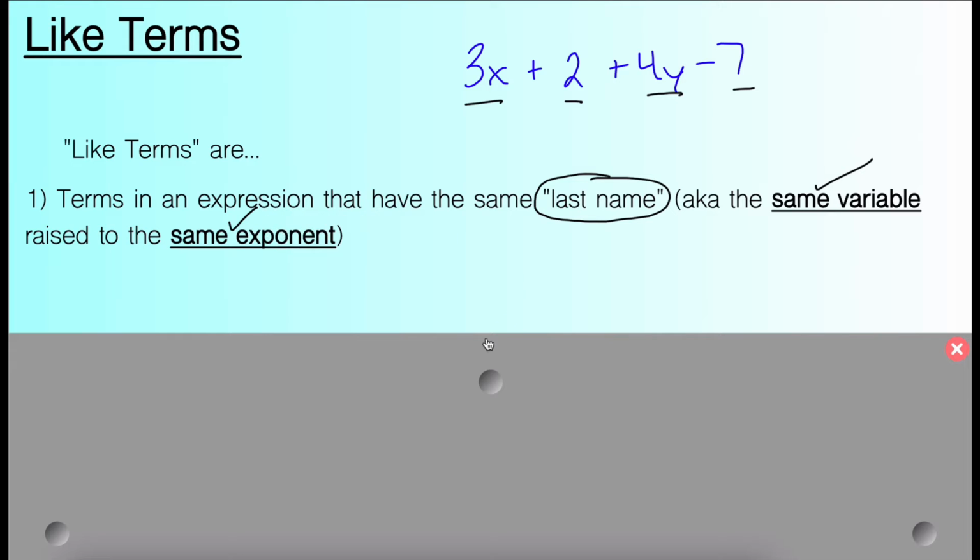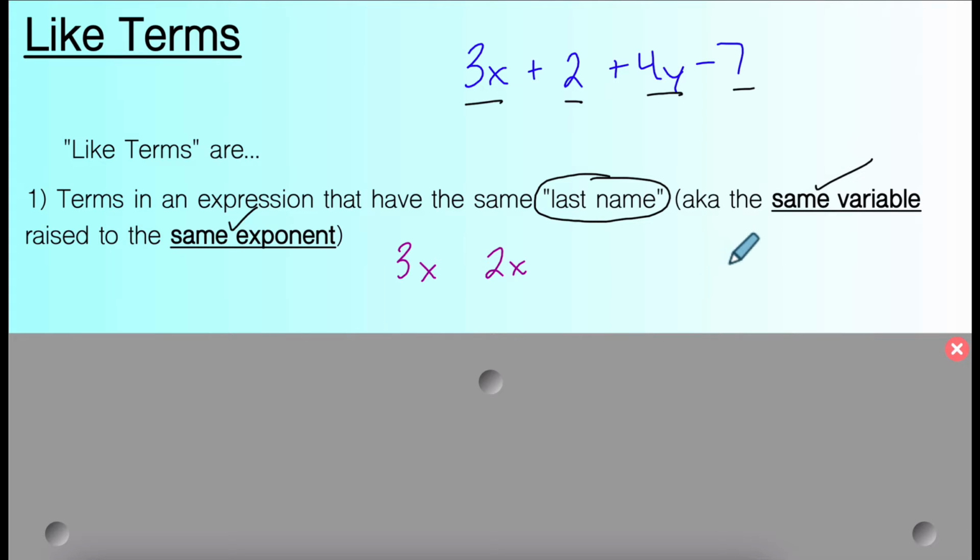So let me give you an example of like terms that fit this description. You might have 3x and 2x. These two things would be considered like terms because their last name, so to speak, is the same. They both are in the x family, 3x and 2x.